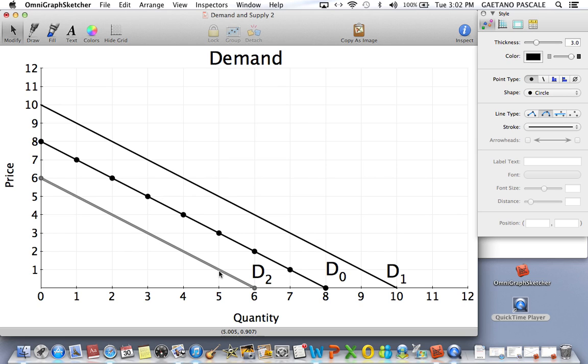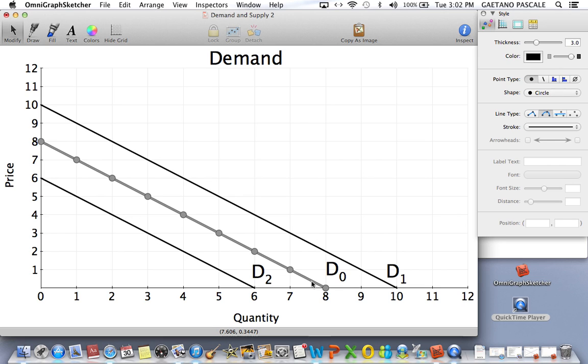So make sure you realize that if we have an original demand curve and the demand curve shifts to the right or shifts to the left, that's a change in demand. If we stay on the same pre-existing demand curve, D0 here, and we just move from one point to another point on that demand curve, that is a change in quantity demanded.